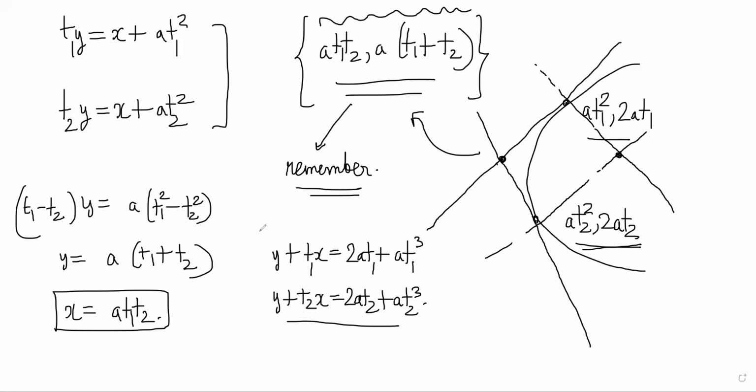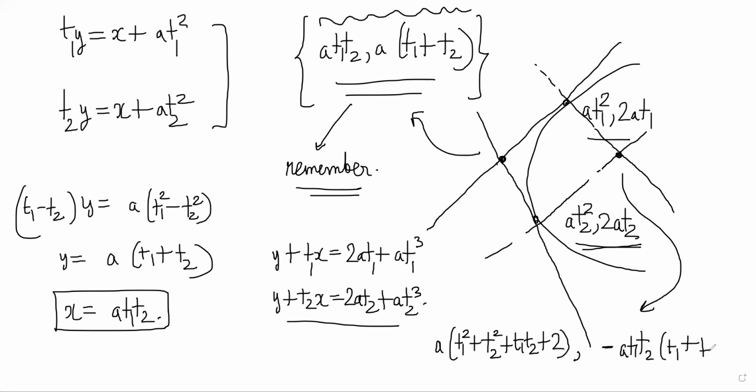Again, you can solve this and find the point of intersection, and the point of intersection is this. You should write this down. It is a(t1 square plus t2 square plus t1 t2 plus 2) comma minus a t1 t2(t1 plus t2).